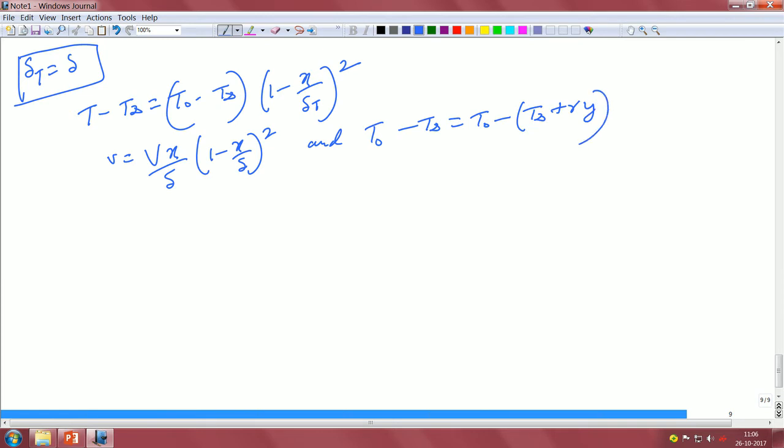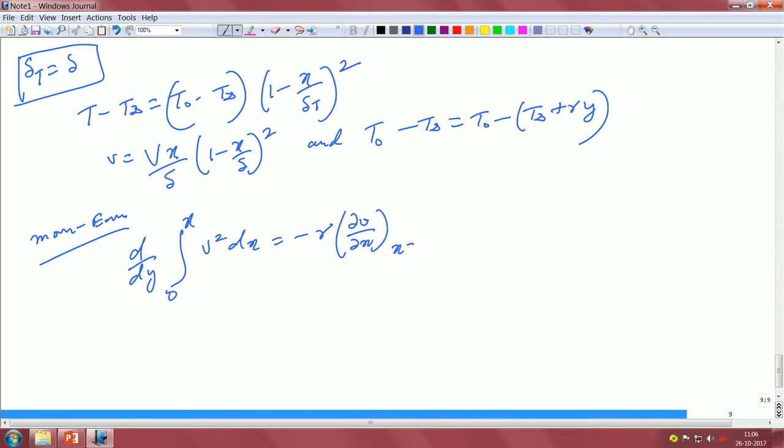Now, if we do the integral approach, the momentum equation is the integral from 0 to x of v square dx, minus gamma dv by dx at x equal to 0, plus g beta. Check all these calculations when you do the entire exercise at home.